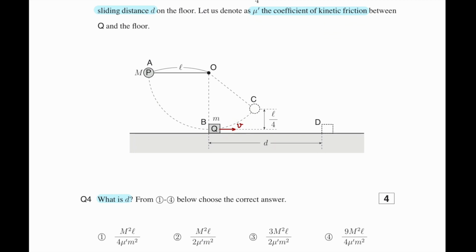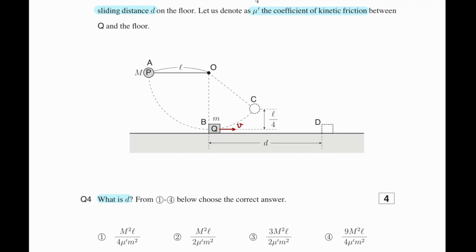If we talk about collision, we can use conservation of momentum. Conservation of momentum states that the total momentum of a system is conserved in case the system is closed. So in the closed system, the total momentum must be conserved.